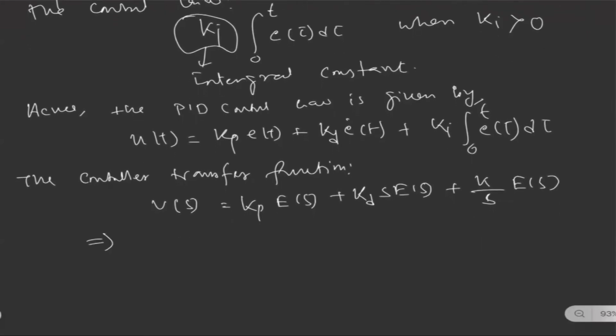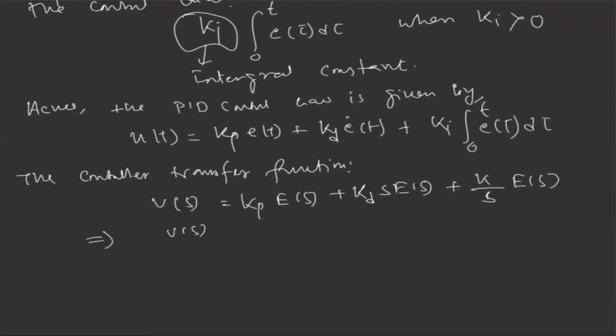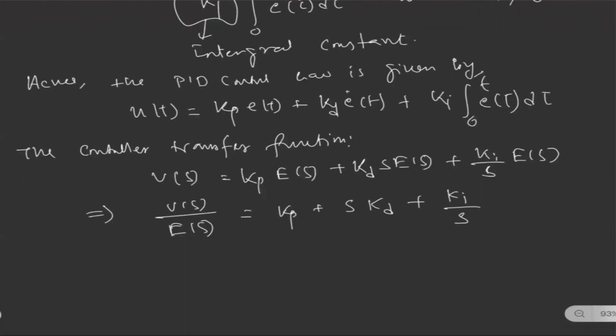From this, we can write U of s divided by E of s equal to Kp plus s Kd plus Ki by s. This is basically the controller transfer function.